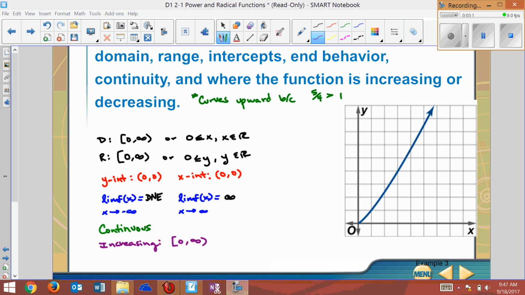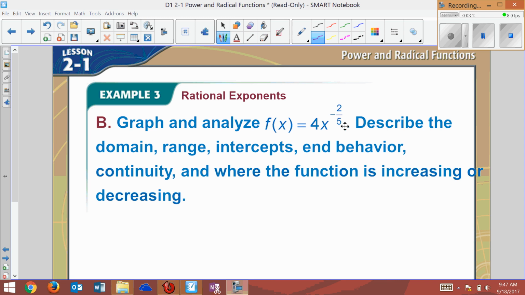All right, let's try this one. Okay, this time I see that here I got an odd denominator. So first, let me rewrite this. You could write this as 4 times the fifth root of x to the negative 2 power.